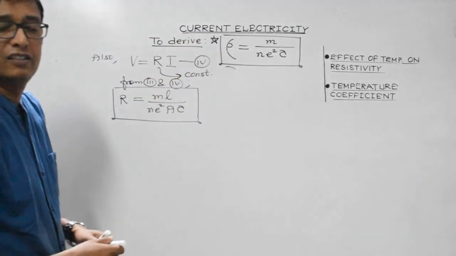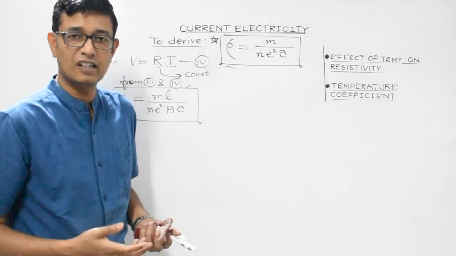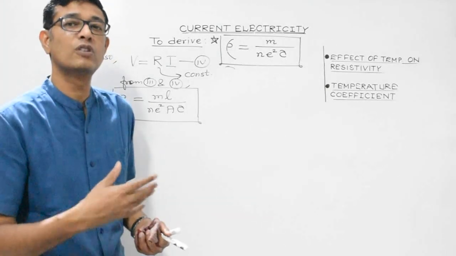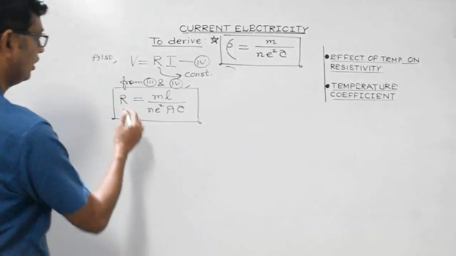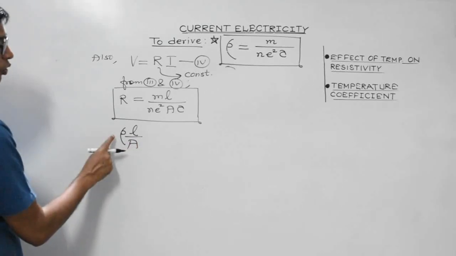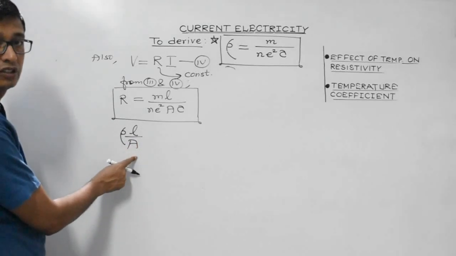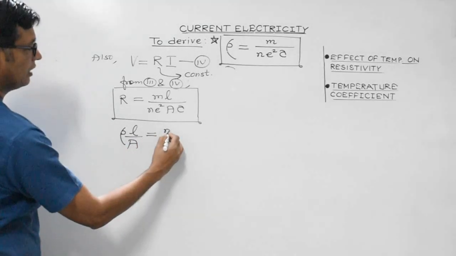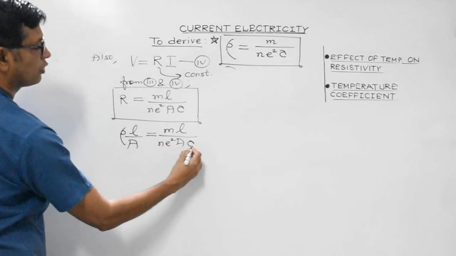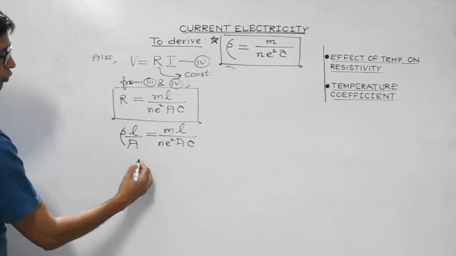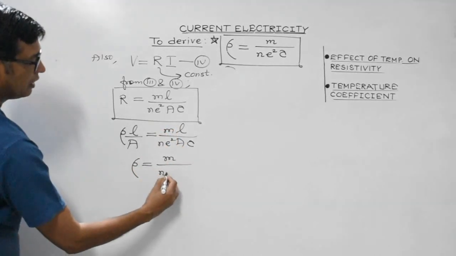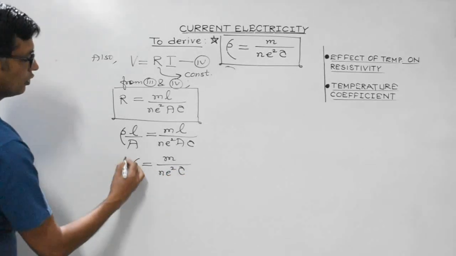Now we are aware resistance of a conductor is directly proportional to its length and inversely proportional to its cross-sectional area, isn't it? So R can be written as rho L by A. Rho is the resistivity. So it is M L by N E square A tau. So what we get is rho is equal to M divided by N E square tau.